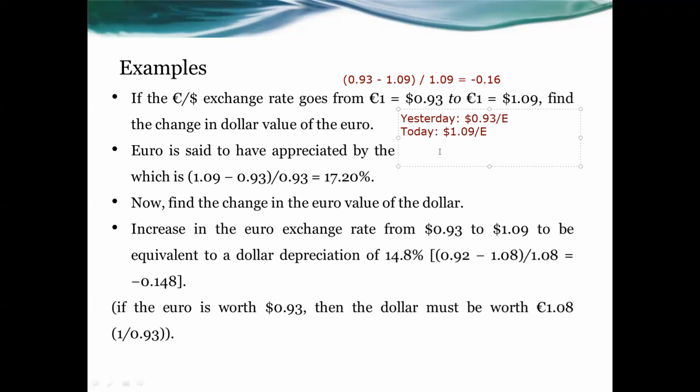Now let's look at it the other way around. This is for the US aspect, because this is a per unit currency quotation and they are the domestic currency. This is the US aspect, a direct quotation.